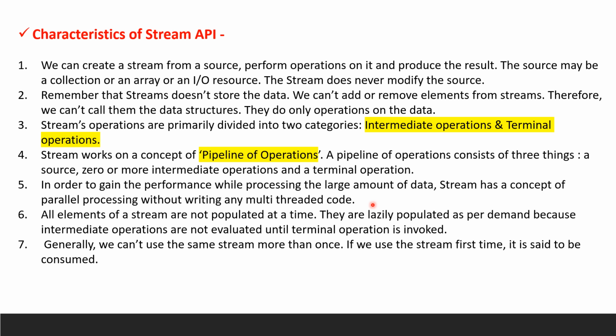With a simple set of data we can do operations easily, but with a large amount of data, stream provides parallel processing without writing any multi-threaded code. We don't need to go to some other method and write other code. We just go for the parallel stream, meaning parallel processing.